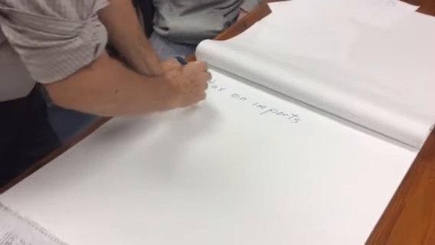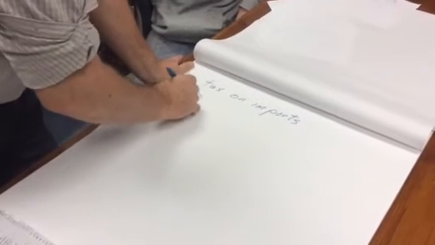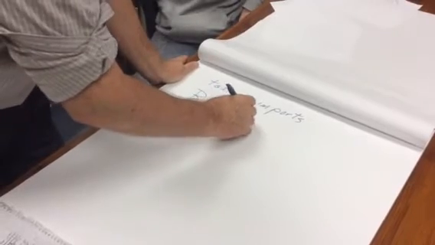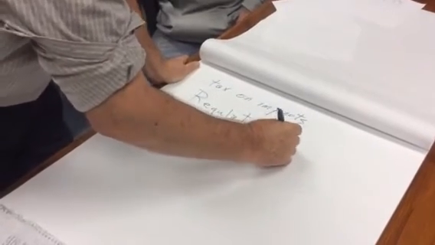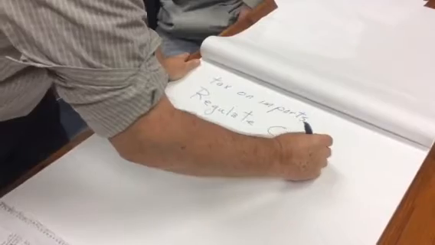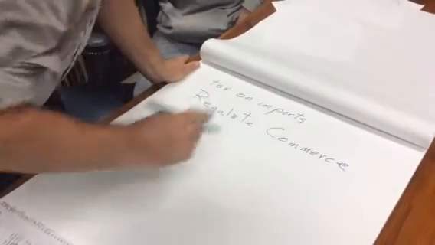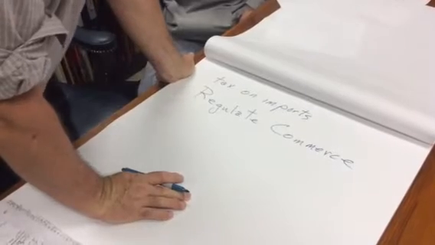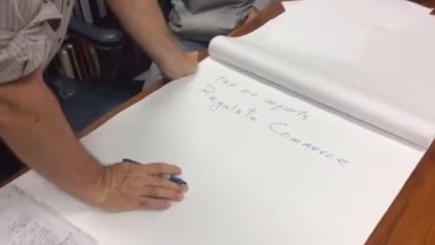So the federal government could not regulate commerce. It had no power to regulate commerce. And commerce simply means the buying and selling, trading of goods.